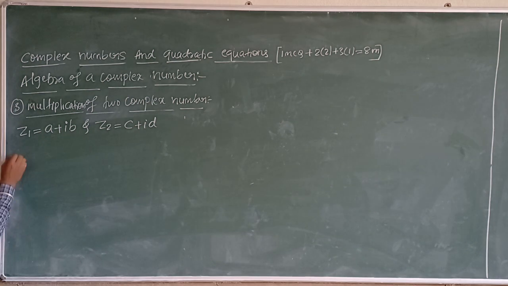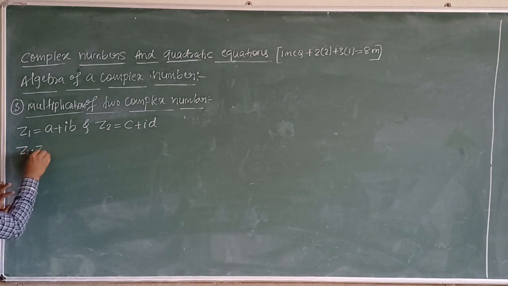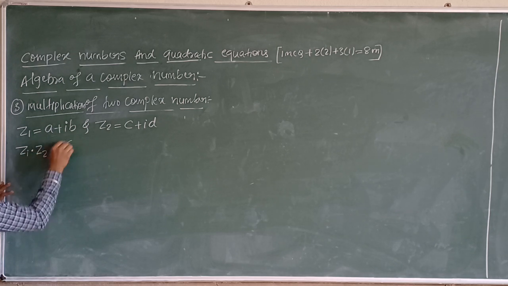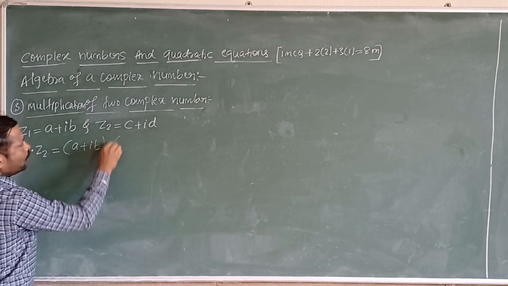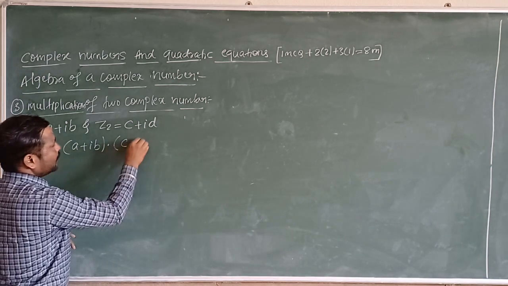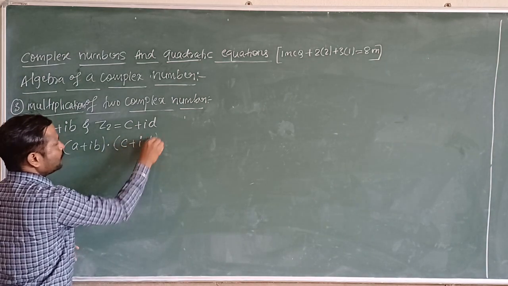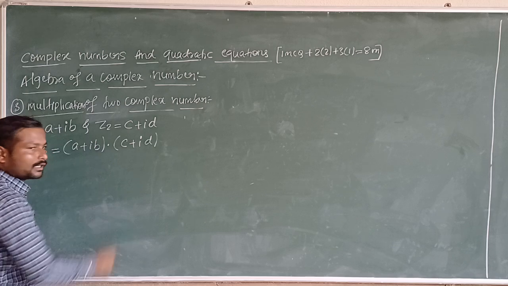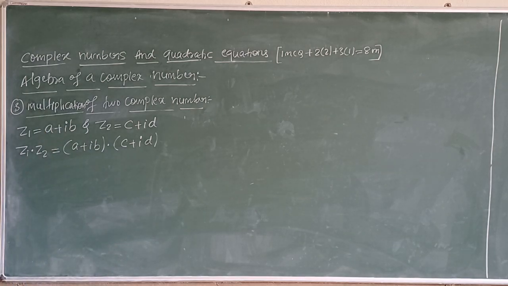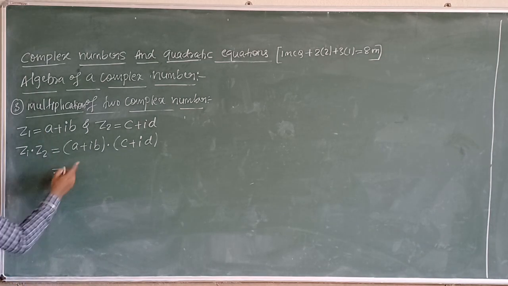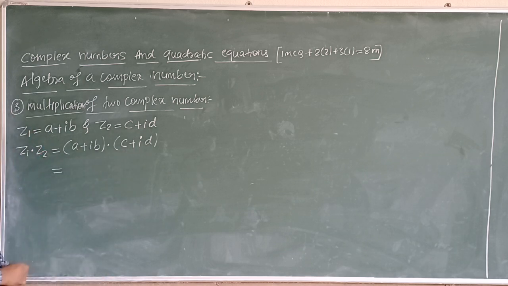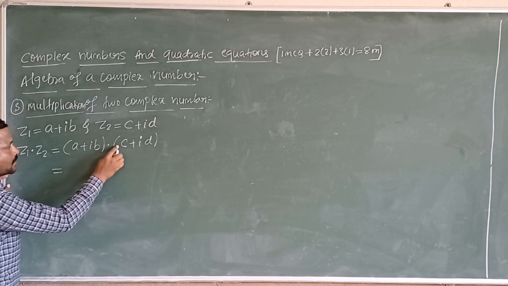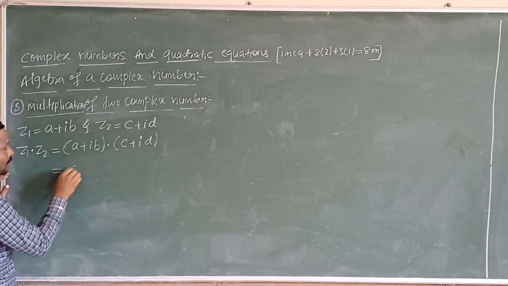Now take here z1 into z2 is equal to, what is z1, a plus ib, into z2, c plus id. This first is a complex number, this one is the second complex number. Then multiply here, it is multiplication of binomial to binomial terms. Multiply each term here: plus into plus, plus a into c, that is ac.